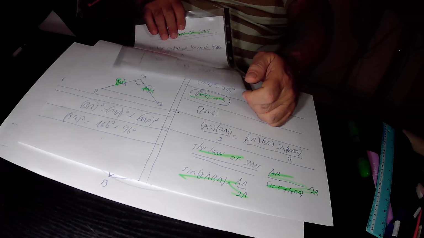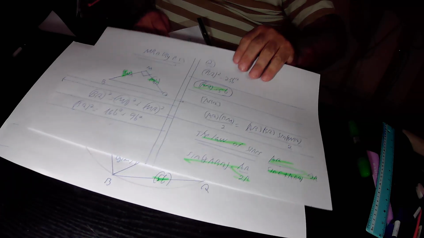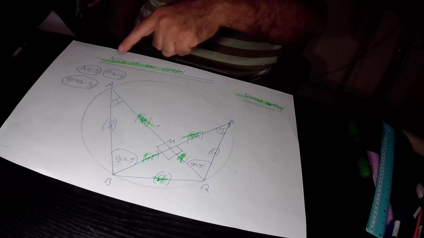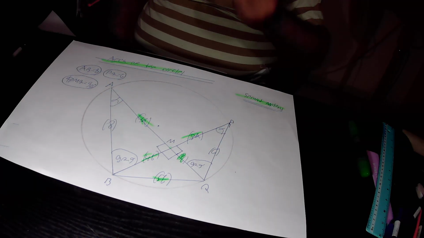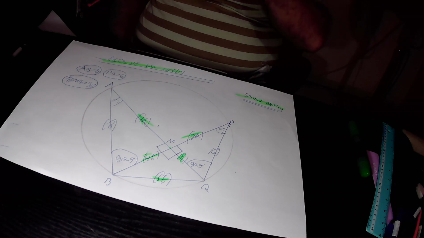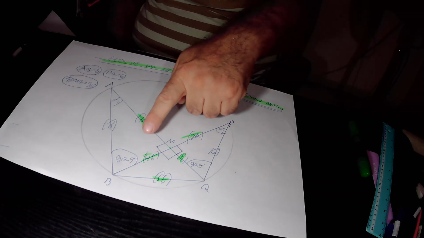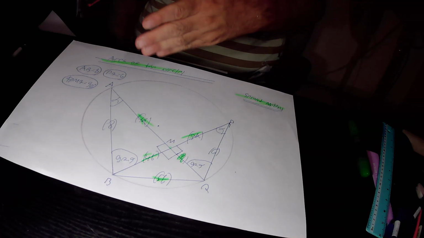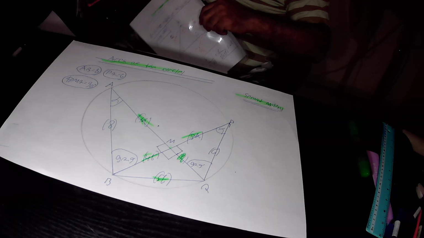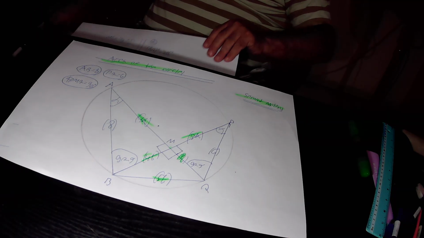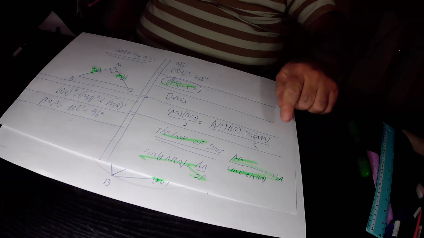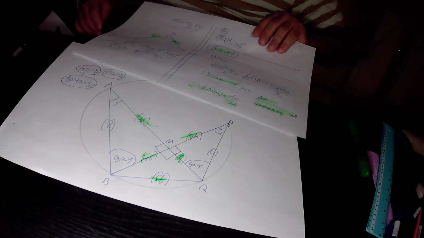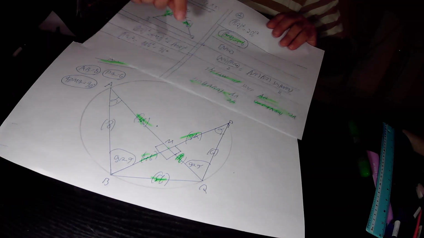We can definitely apply the law of sines in our drawing, because in our drawing we have triangle ABQ that is circumscribed by this circle. Therefore, according to the law of sines, AQ over sine angle ABQ equals 2R, and 2R is the diameter of this circle that circumscribes triangle ABQ.